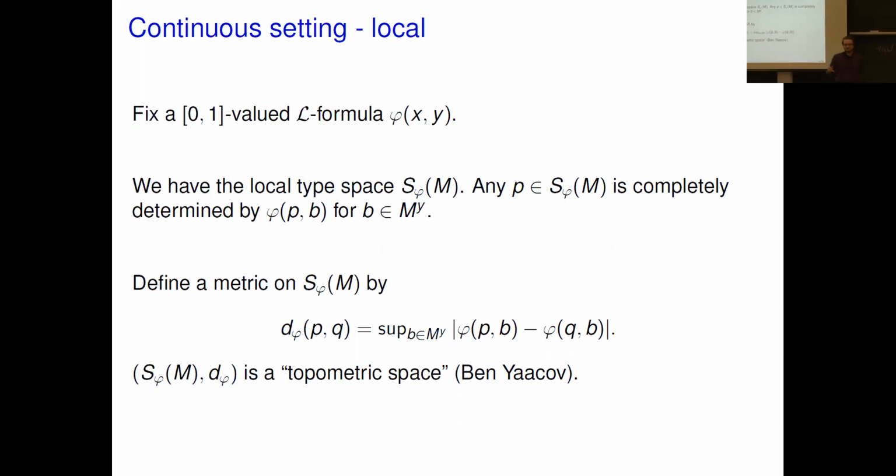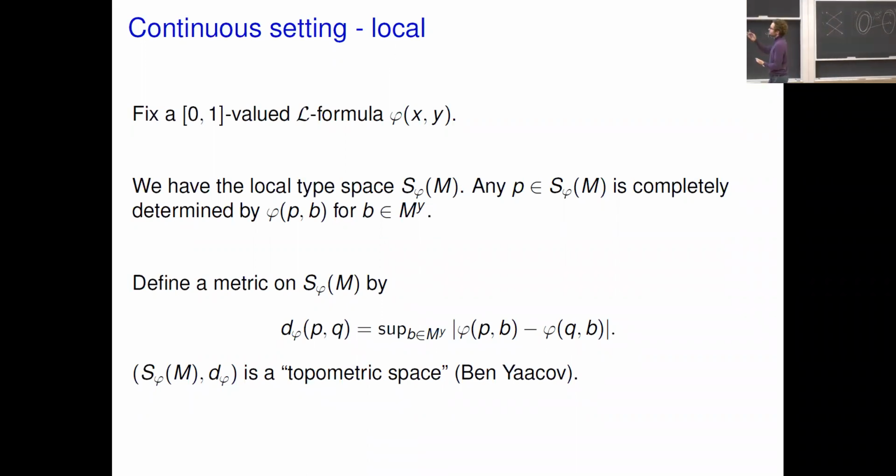In general this could be some other number, and you get a metric. If you're not used to thinking about this, it might be unfamiliar, but if p and q are very close in this metric, then they agree on the fibers of this function. So you see this kind of regularity picture start to emerge, things being close together if they're a very small distance apart in this metric.